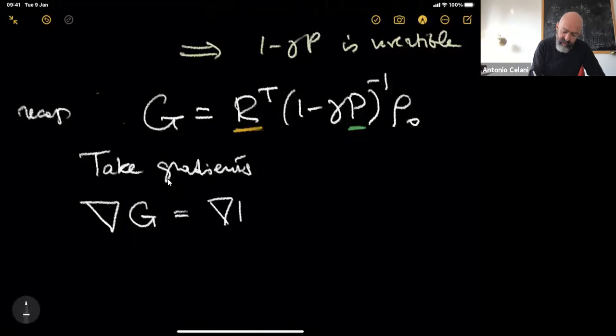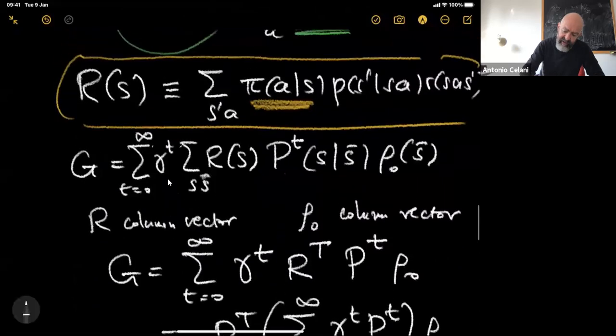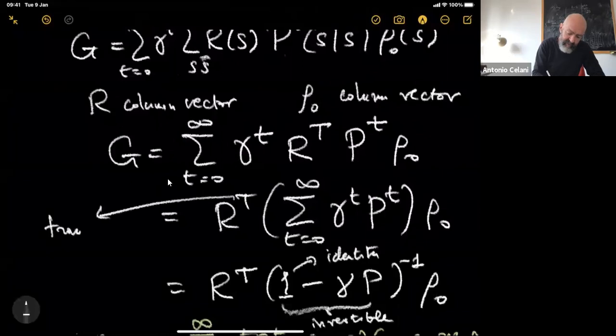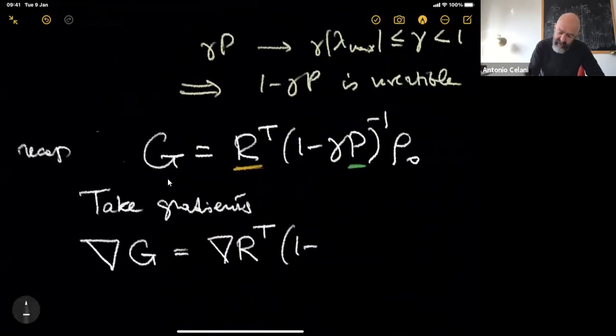I use the chain rule. So this is the gradient of R transpose. I didn't write it explicitly, but it's better to mark it down, because there are T's all over the place.